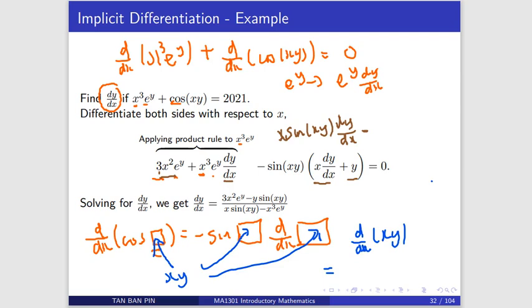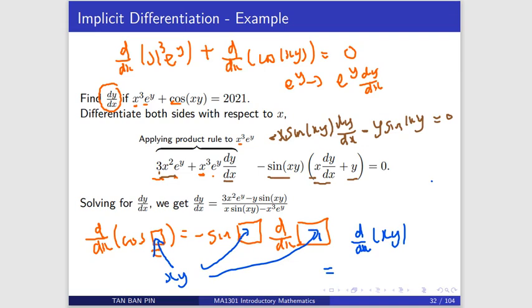So it's actually x times sine xy dy/dx with a minus sign. Then it's minus sine xy times y, so it's minus y sine xy, equal to 0.